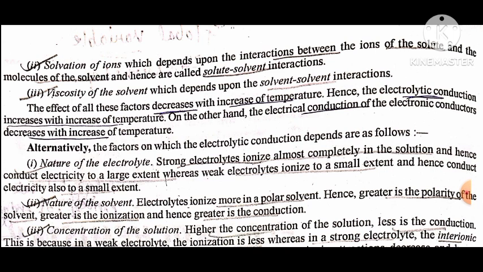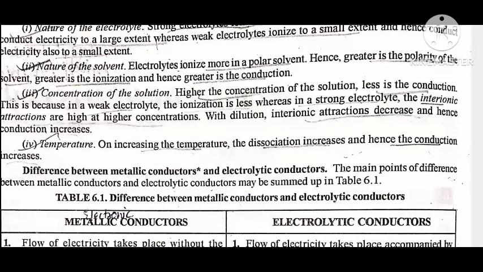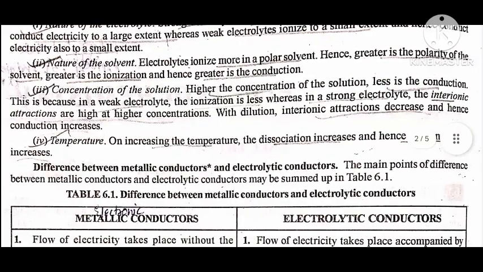Second factor is the nature of solvent, that is electrolytes ionize more in a polar solvent, hence greater is the polarity of solvent, greater is the ionization and hence greater is the conduction.